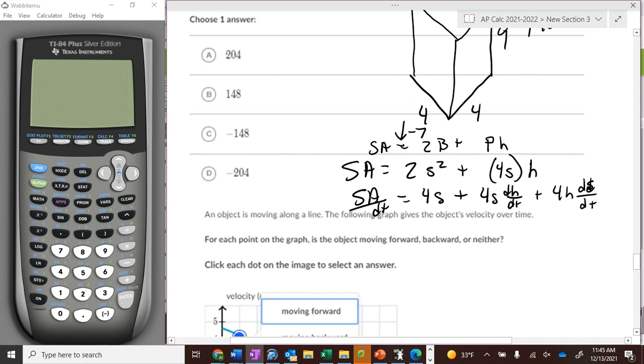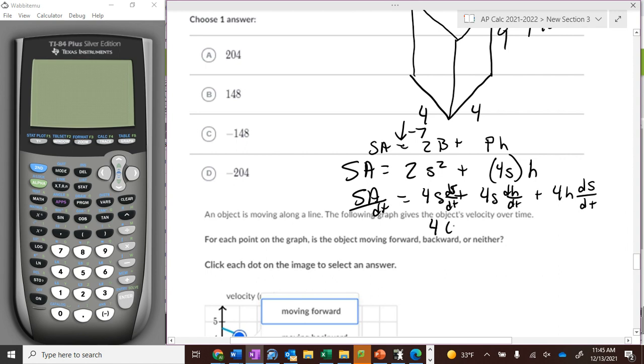Why isn't it 4S, dS/dt? When you take the derivative, does that mean dS/dt? No, we're doing product rule over here. Oh, I see what you're saying though. Oh, the first one is dS/dt. Yeah, exactly.